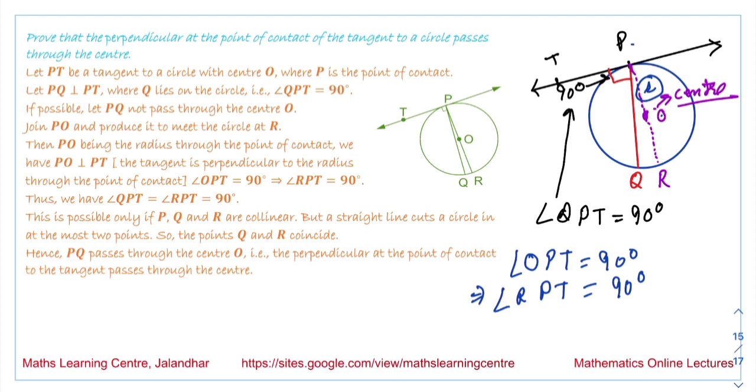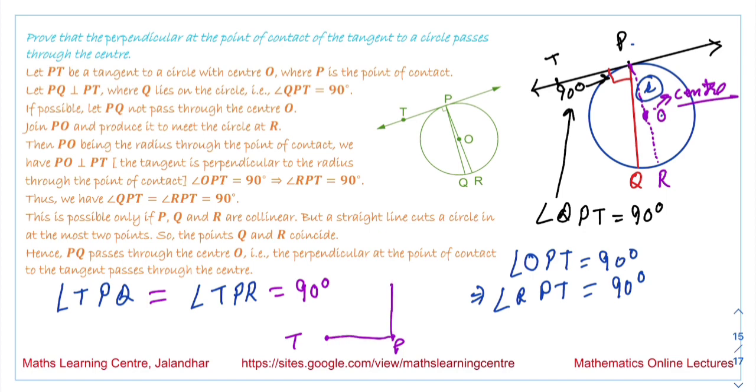We are talking about two angles, one is angle TPQ and the other is angle TPR. Both these angles are equal to each other, and they are equal to 90 degrees. So we have a point P, and we are drawing an angle of 90 degrees over here.